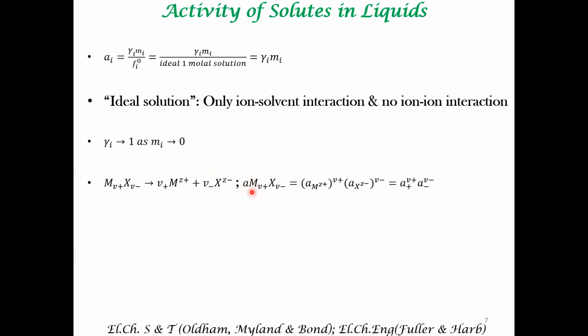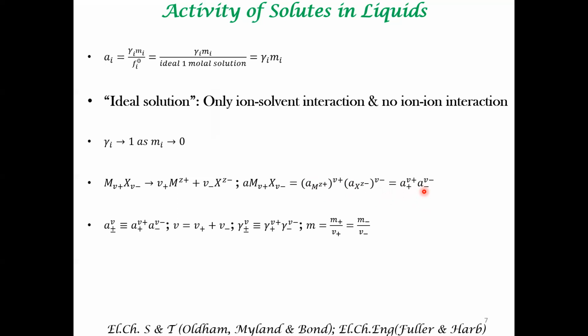We write the activity of the salt in this manner: activity of the cation and activity of the anion, raised to these exponents. Just to simplify the notation, we substitute this quantity by that quantity.